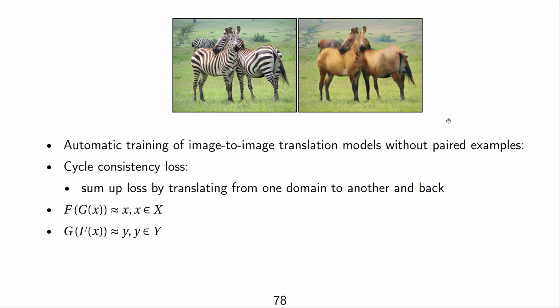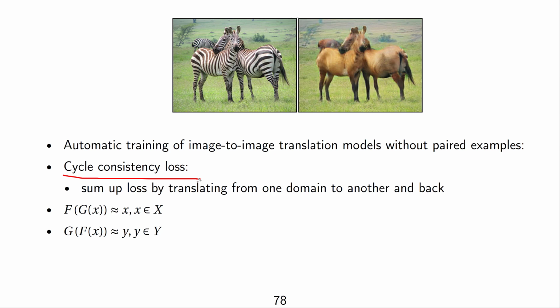So on top we see one of the interesting results where the authors were able to translate horses to zebras and zebras to horses even in a video. An important concept is cycle consistency loss, a concept that is now used in many other papers as well. So this is a general concept that is also used outside of deep learning.